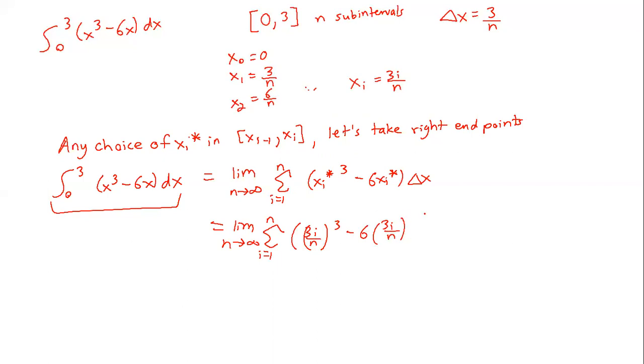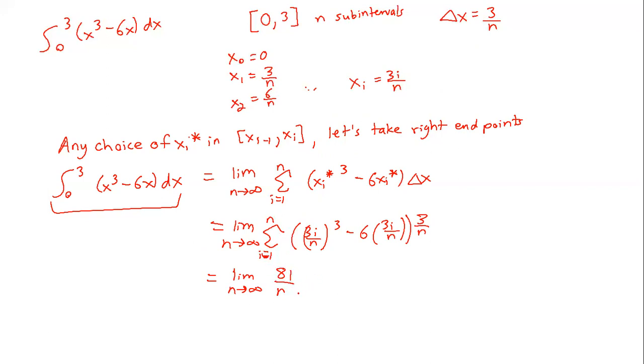So if we do this, then by the definition of the integral, here's what the symbol means. Whatever this number is, it is equal to the limit as n goes to infinity of the sum from i equals 1 to n of x_i star cubed minus 6 x_i star times delta x.